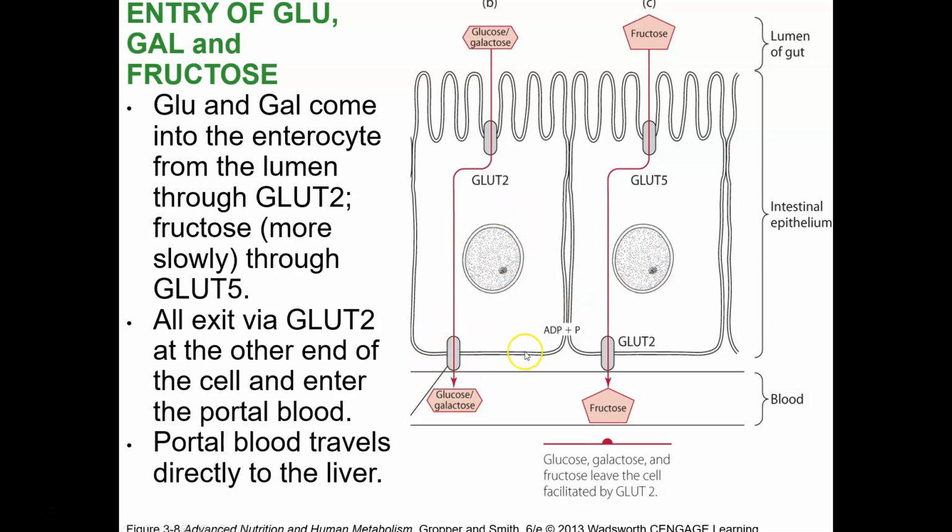Through other transporters on the basolateral part of the membrane, the glucose and the galactose leave, and the fructose leaves, and now they enter the circulation, and they will connect to the portal vein, and the portal vein travels directly to the liver. So all of these monosaccharides are going to go straight to the liver.